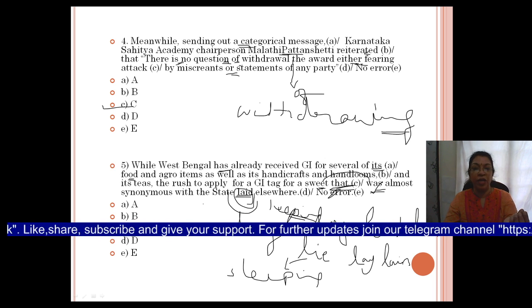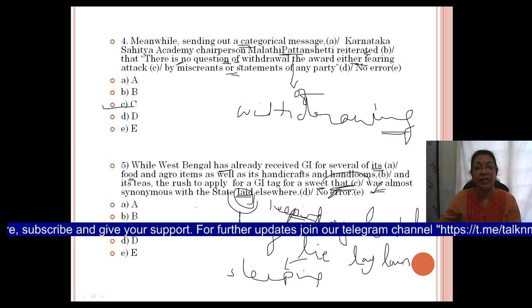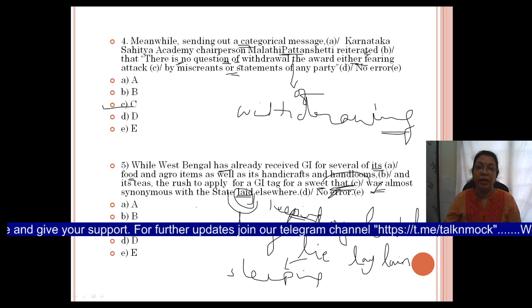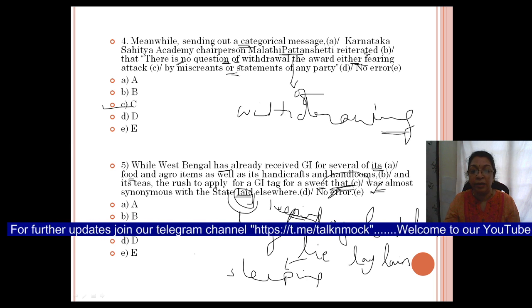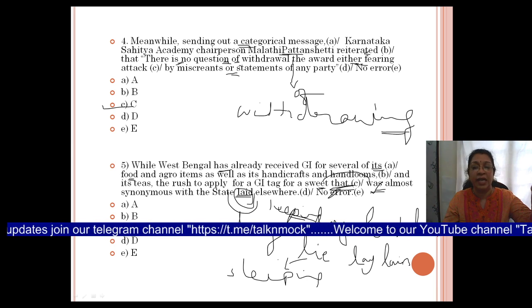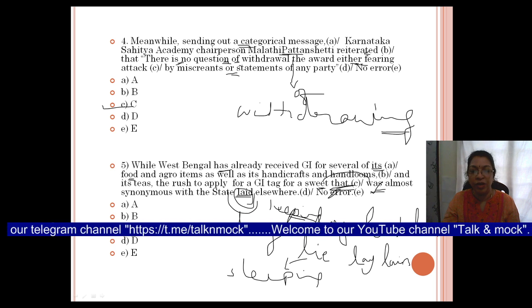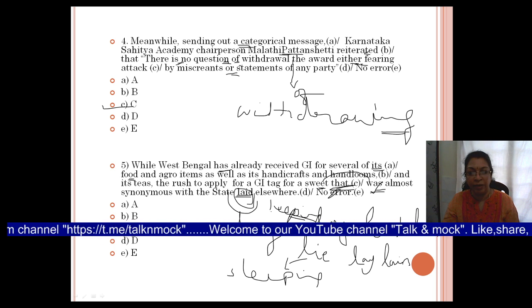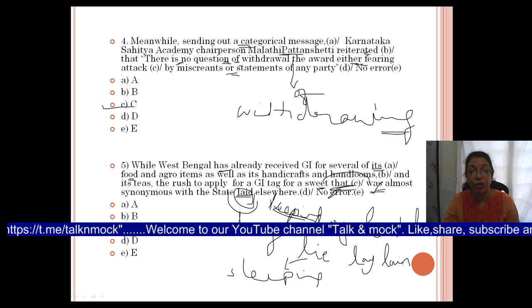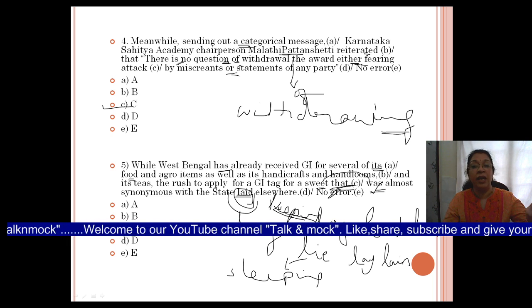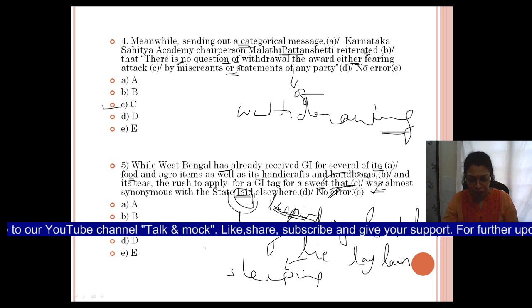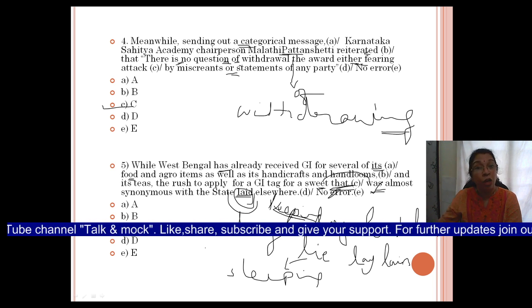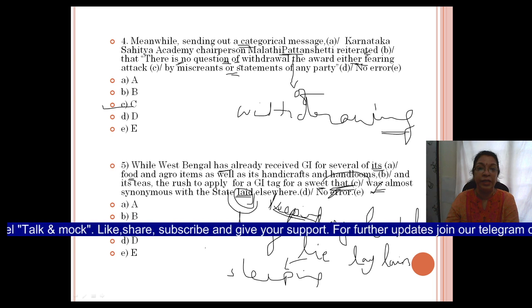So when we are talking about the GI or anything, it is kept elsewhere. Is that clear? So with the state lay, because the power lies elsewhere. So here it means lay, whereas it is not lying down. So this is the wrong verb used in this sentence.